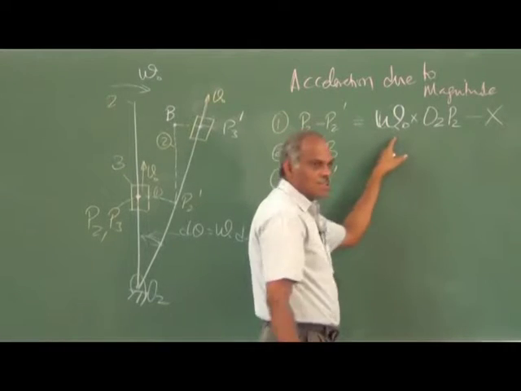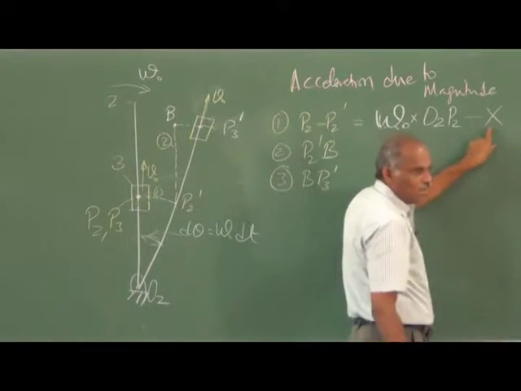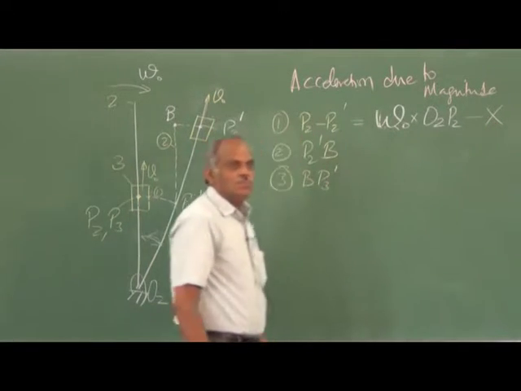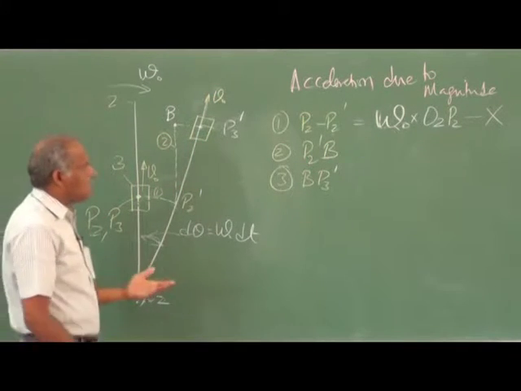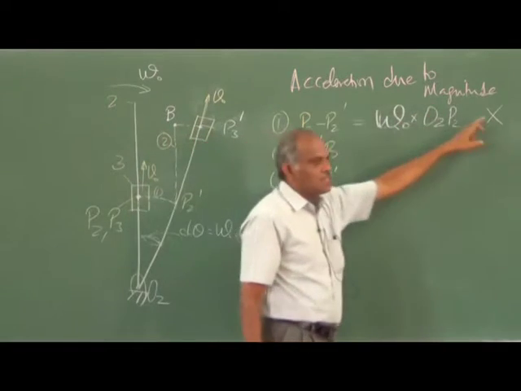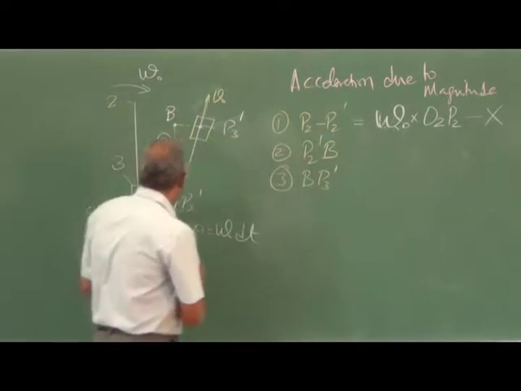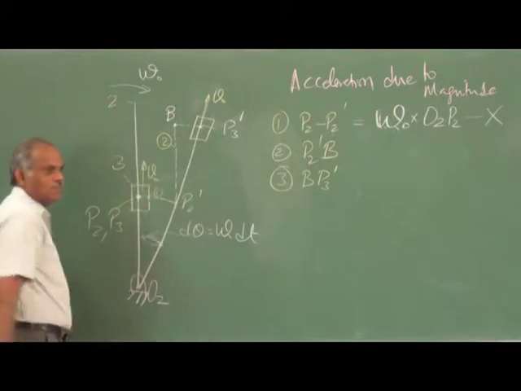Omega 0 is constant and O2 P2 is constant, so there is no change in the magnitude of velocity. So the acceleration due to the magnitude doesn't exist as the slider is moving from here to here.